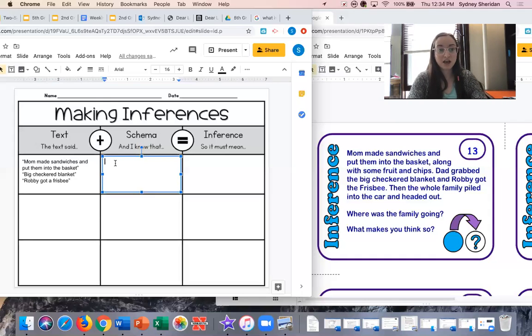So I'm going to say, I know that people eat sandwiches and use baskets to carry their food at picnics.